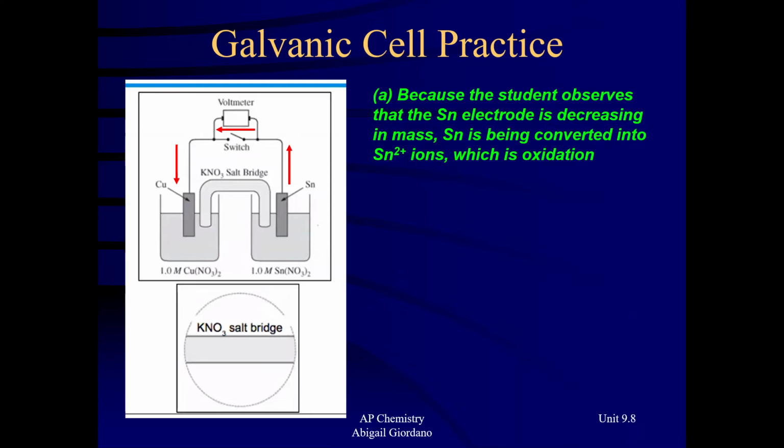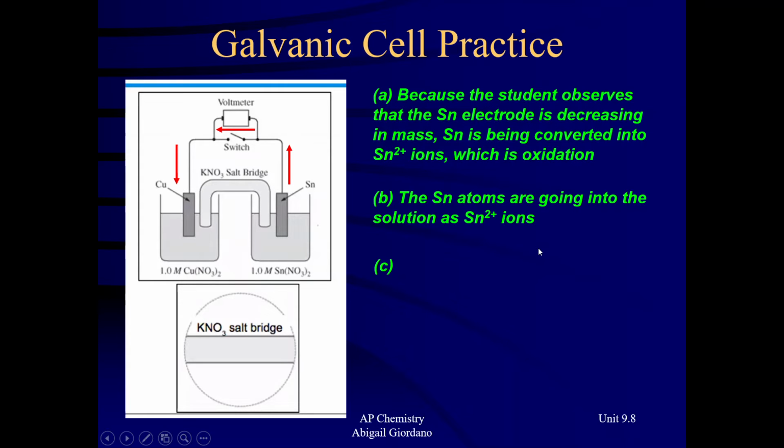Okay. Part B says as the mass of the tin electrode decreases, we were told that, where does the mass go? Conservation of mass. You can't just go off into nowhere. The mass is changed. The tin atoms are going into the solution as tin ions.